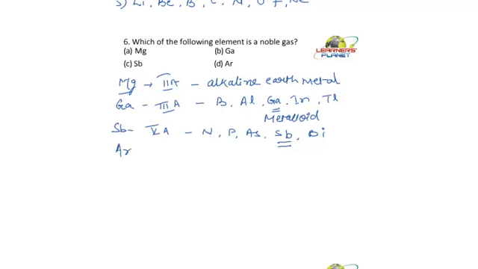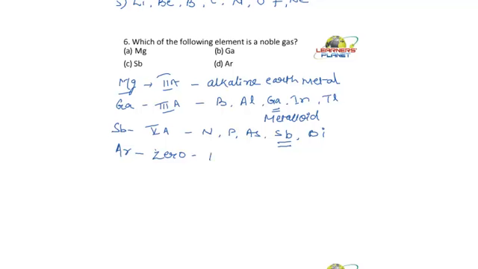Now the last thing is argon. Argon belongs to 0 group. I hope till now you have memorized your periodic table. If you have not done yet, do it as soon as possible. 0 group, okay? And so it is a noble gas.